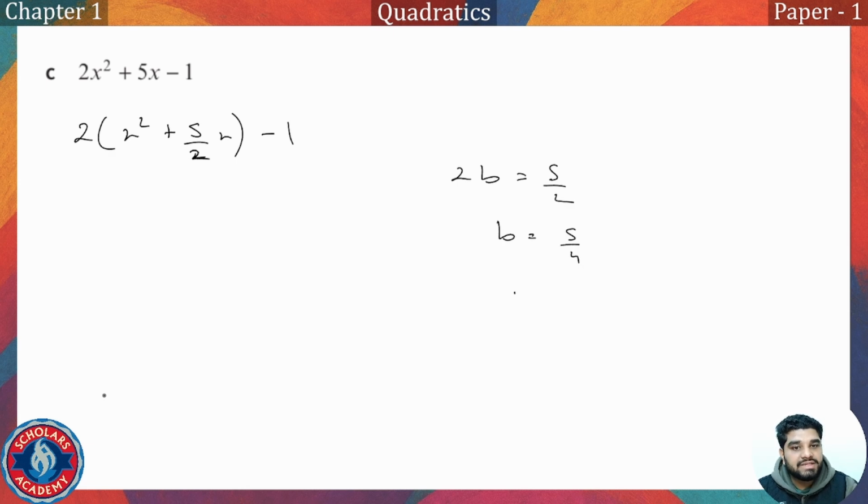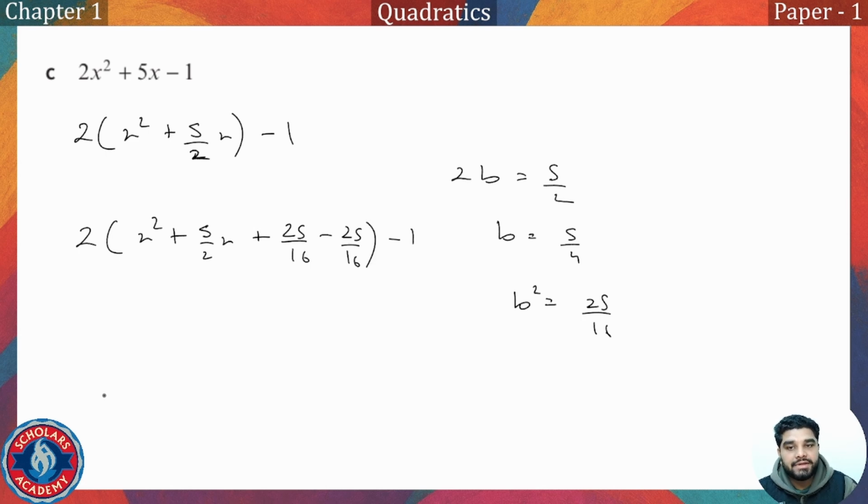Done. b square should be 25 by 16. That's all. This will work only when we have just x square over here. x square plus 5 by 2x plus, because the sign is positive, plus 25 by 16 minus 25 by 16 minus 1, right?